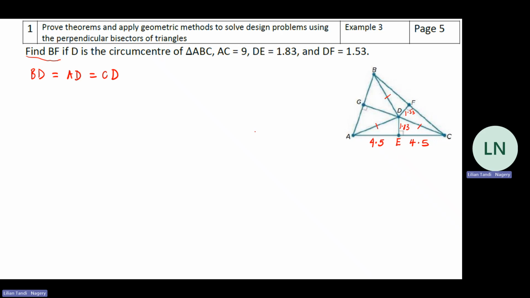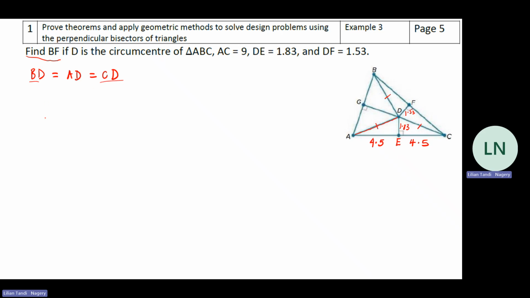Now let's move on. So now I want to find this line here. To find this line, I don't have two numbers here to help me. I only have one. So I'm going to use this triangle here to help me get AD. Once I get AD, I can use it here and here.